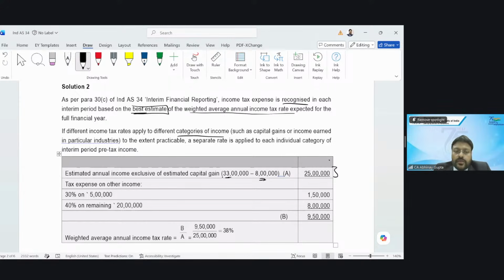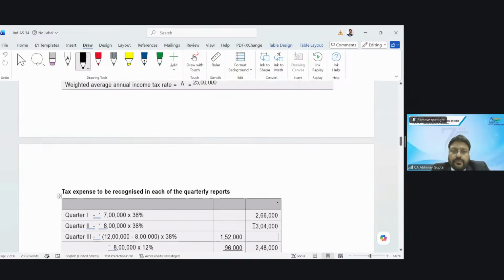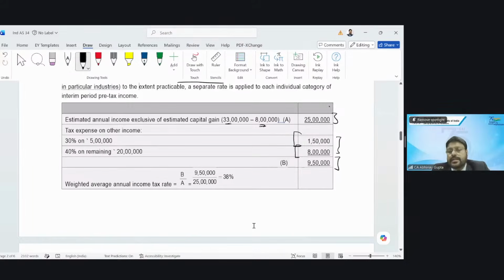On the first 5 lakhs, the rate is 30%. On the remaining, the rate is 40%. So 1,50,000 plus 8 lakh, 9,50,000, would be the income tax expense for the normal income for the full year. What weighted average rate arrives in that case? 950 divided by 25, because 25 is my normal income other than the capital gains. So 38% is the weighted average rate.